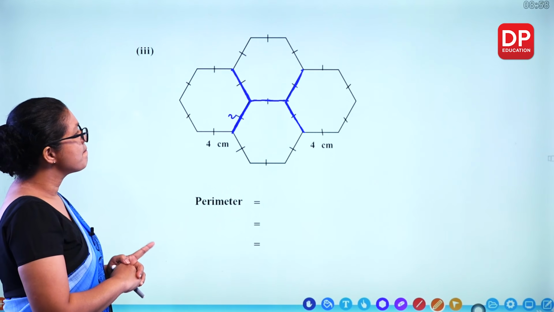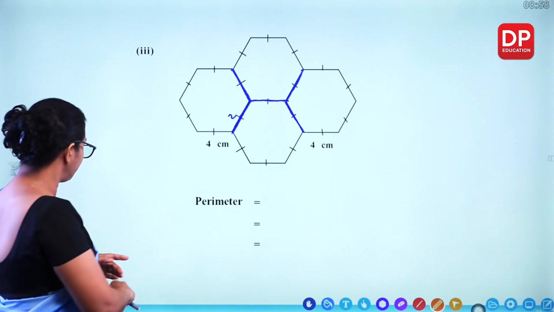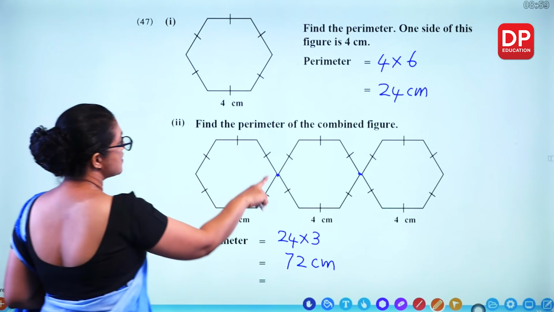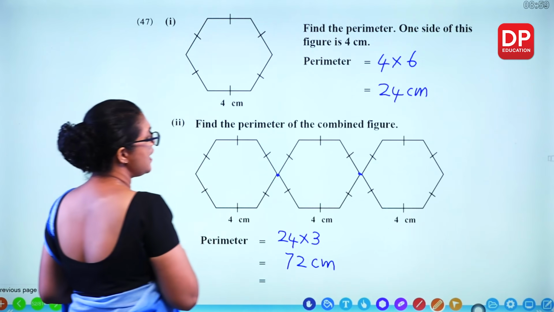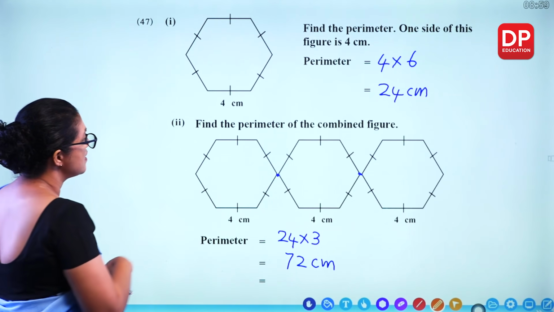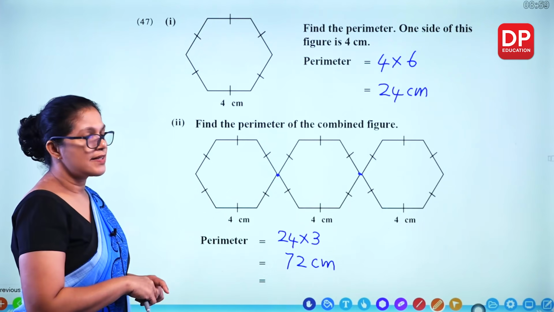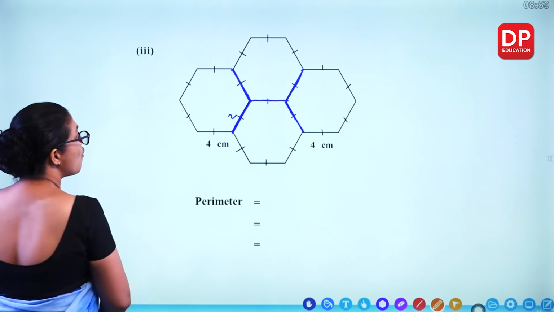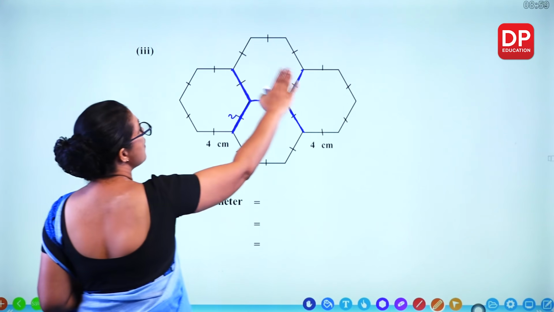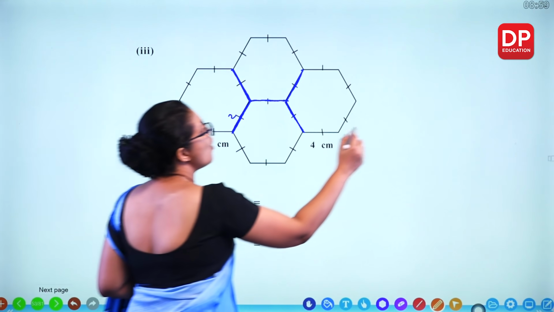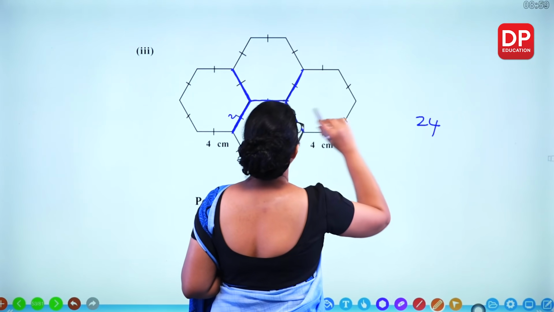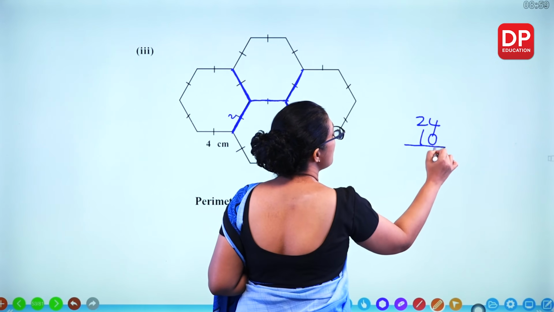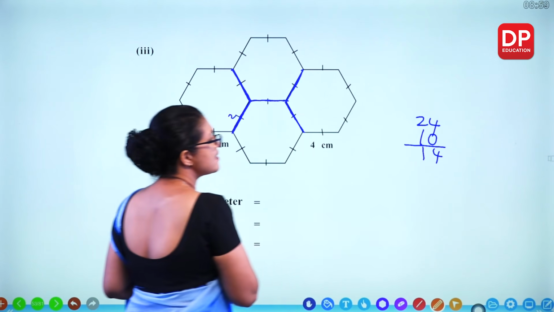Earlier, how many sides were there? 6 times 3 hexagons. 6 times 3, 18. Now if you take 6 times 4, 24, and 10 sides overlap, actually you are getting 14 sides.